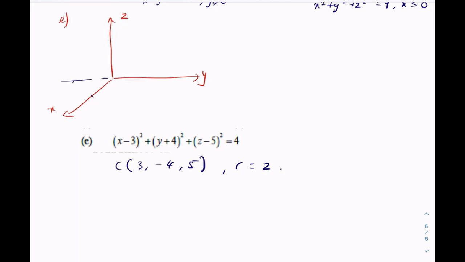Okay, somewhere here. And then out 5 somewhere here. Okay, and then the radius is 2, quite small. Okay, we should label the C and the radius. Done.